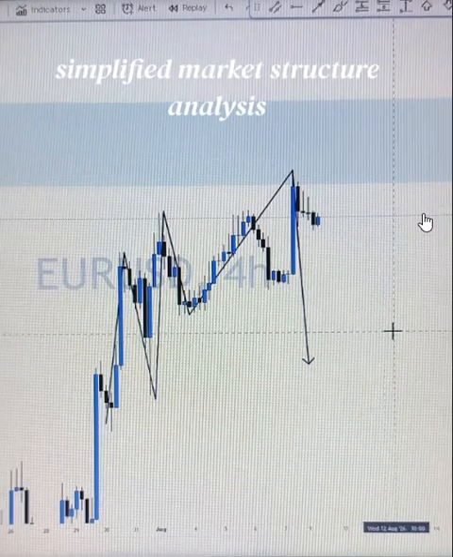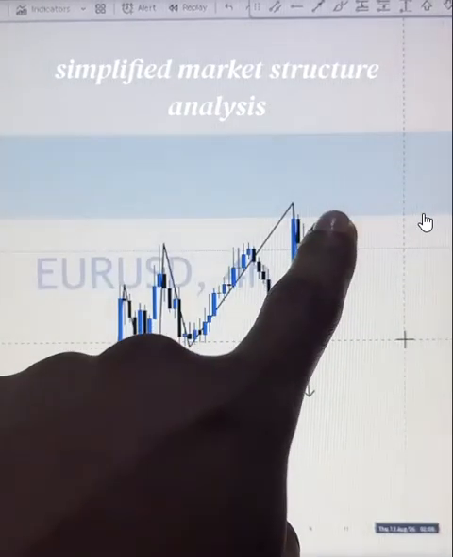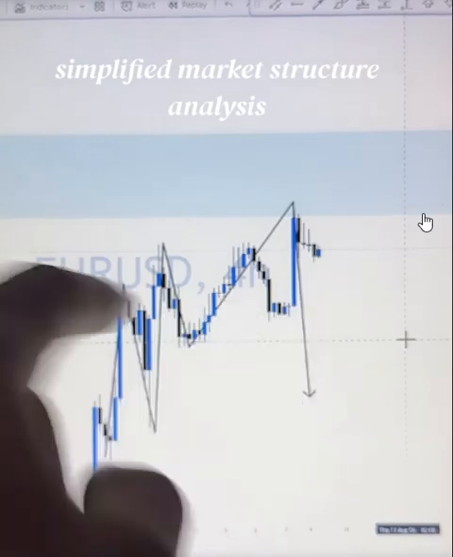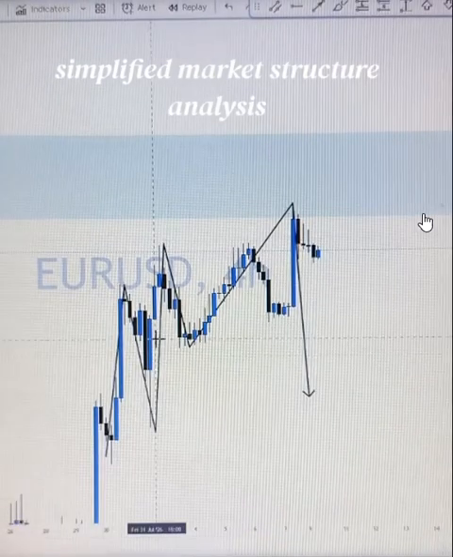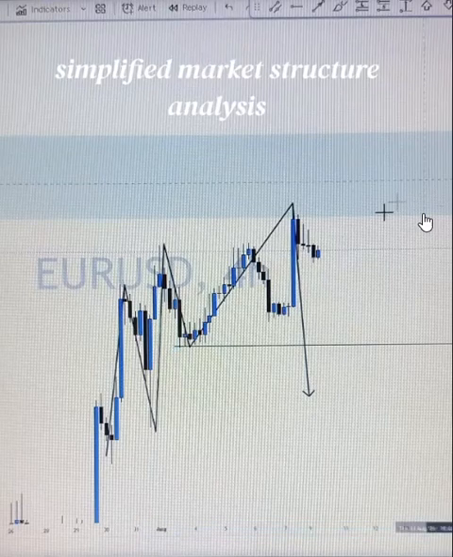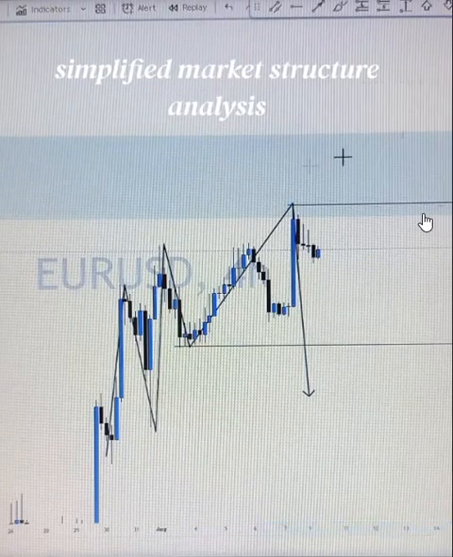If daily is bearish and price has come to the key level of daily, we need 4 hours to be bearish also. So what do we do? We check for the direction of 4 hours.